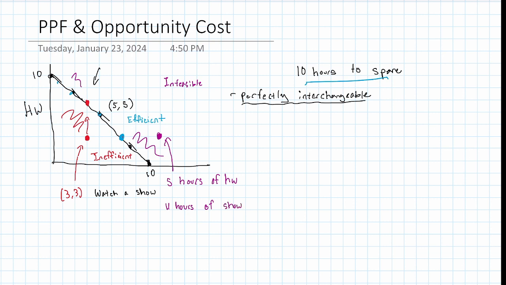Let me draw this point right here. Obviously, we can't reach this point because we only have 10 hours to spare, and that's a sum of 16 hours. So that's why it's infeasible. We'd have to create some sort of time machine, or we'd have to create more hours, more resources in general.